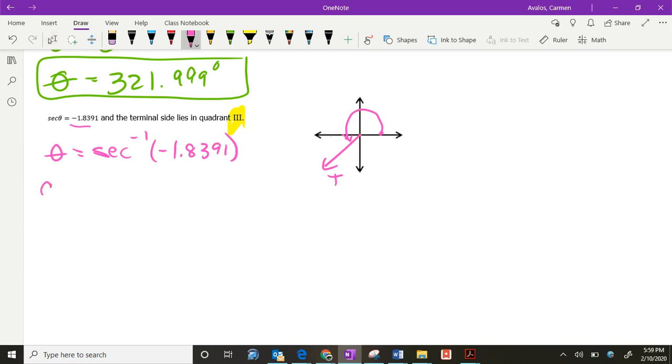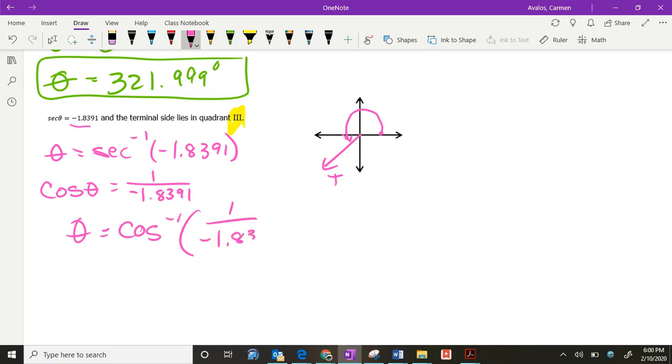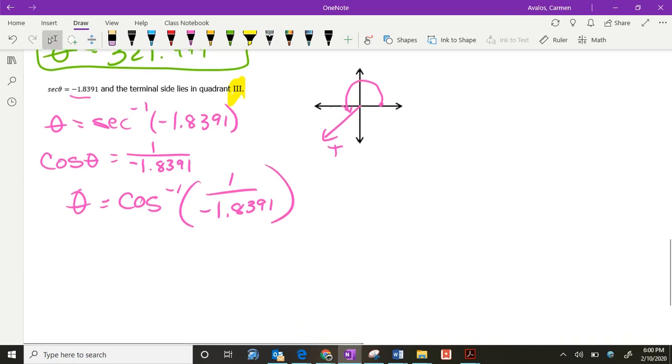So we know that the cosine of theta is going to be pretty much the same thing as that, but it's going to be just the reciprocal of that. So we could just put this in here. And so what we could put in our calculator is the cosine inverse of 1 over negative 1.8391, and that is going to give us the same answer as putting this into the TI Nspire.